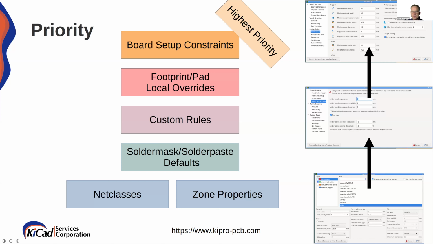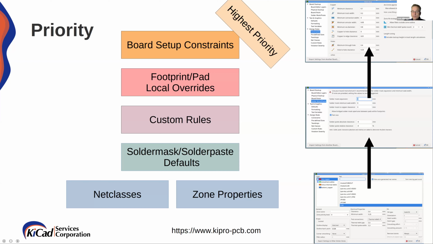Now, if it has a specific property associated with it, you're going to have to go in and change that explicitly. And we respect the local overrides on the footprint and pad that you specify in the pad or footprint itself. The reason why we take those as overrides is because by default, they're going to take the normal rules.